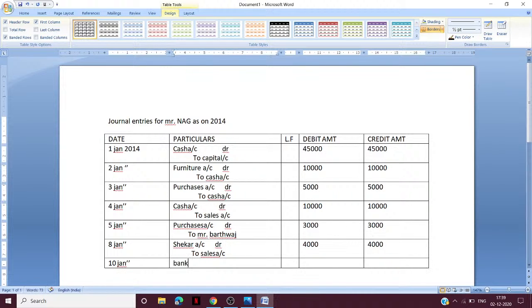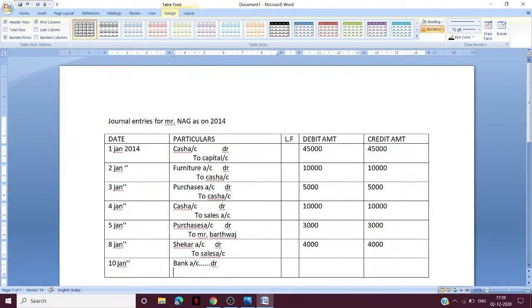What is going out to bank? We are depositing in bank. So bank account debit to what is going out, cash account.